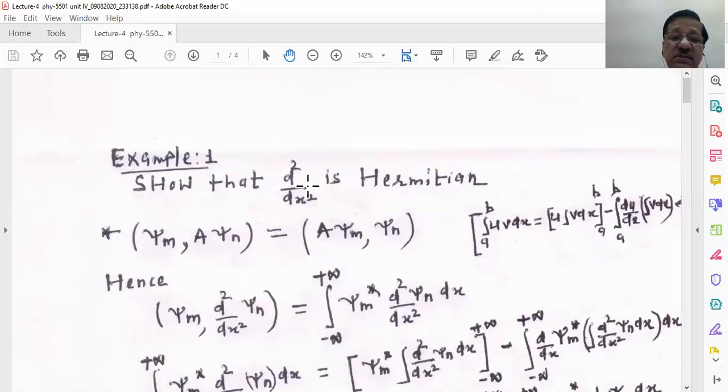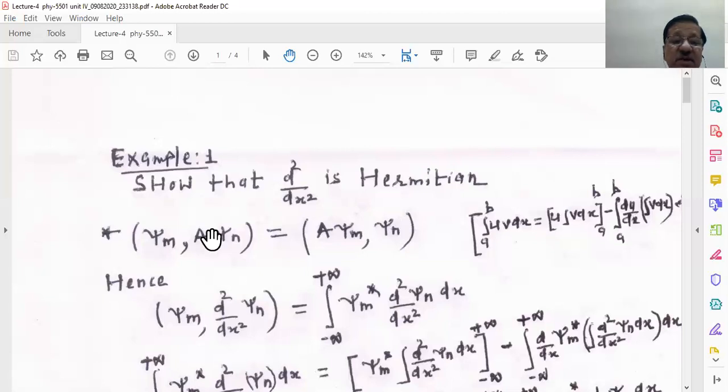So let us recollect the definition of the Hermitian operator. Look at this expression here. I wrote that if A is the Hermitian operator, then the scalar product of psi m, the eigenfunction, with A psi n is always equal to the scalar product of A psi m with psi n.